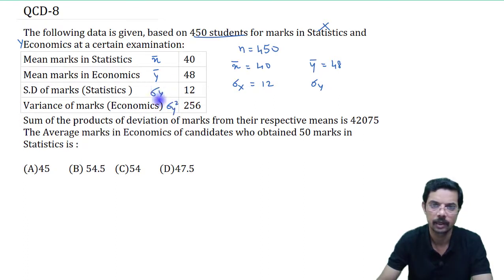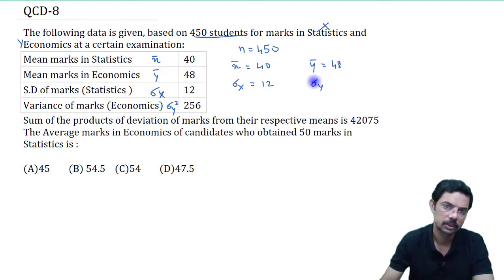We need the standard deviation, so what is the square root of 256? It is known to us and equal to 16. So we shall take it as 16. We have all the values.